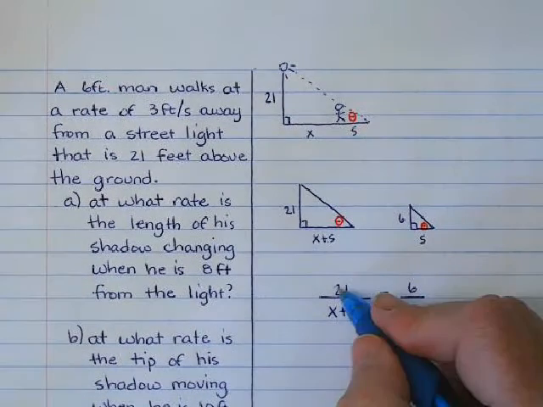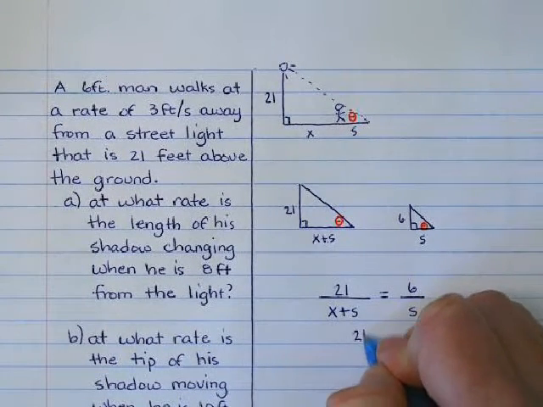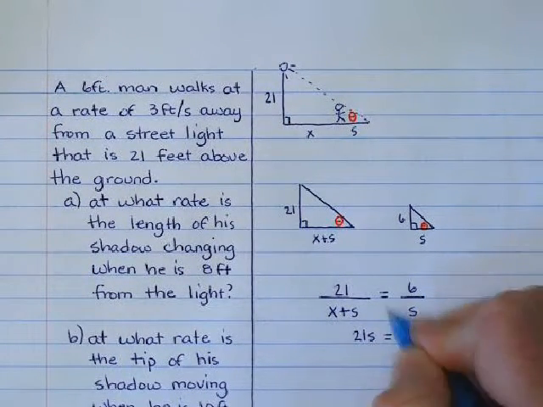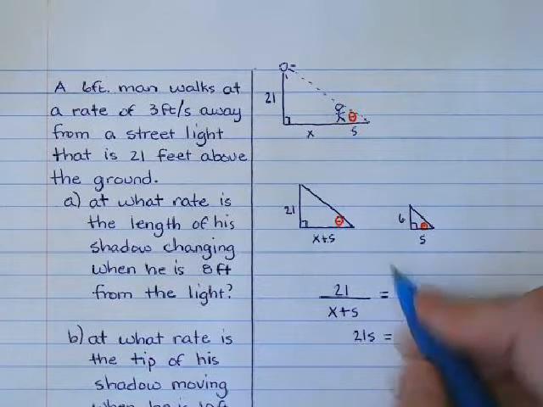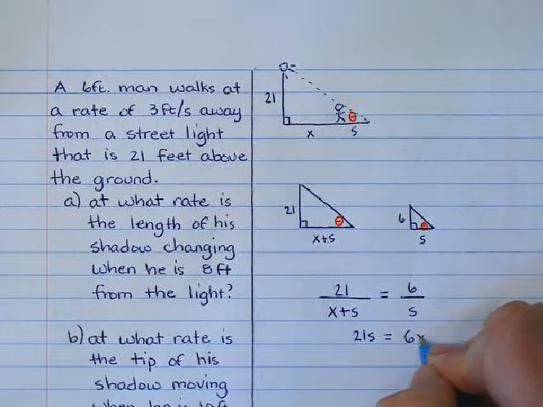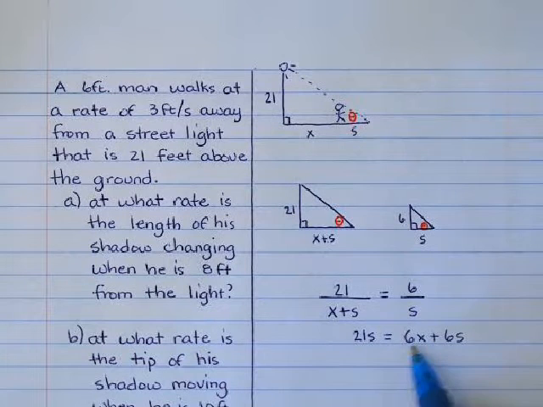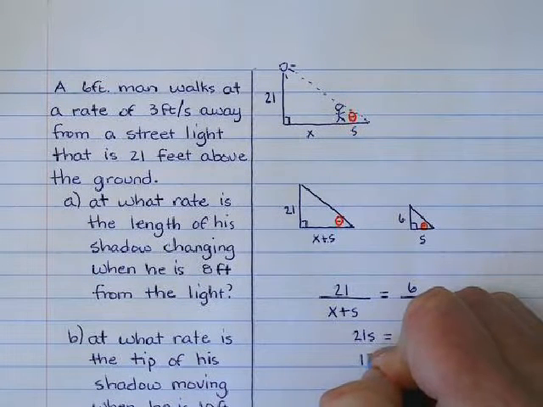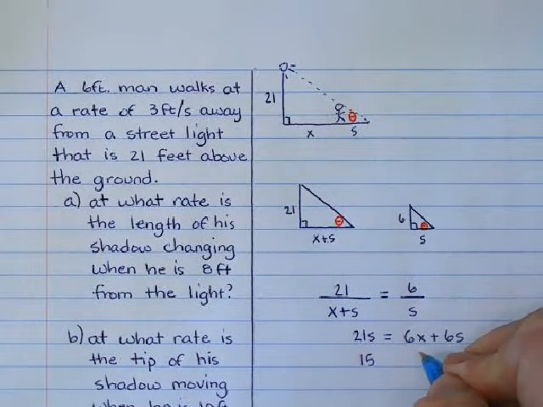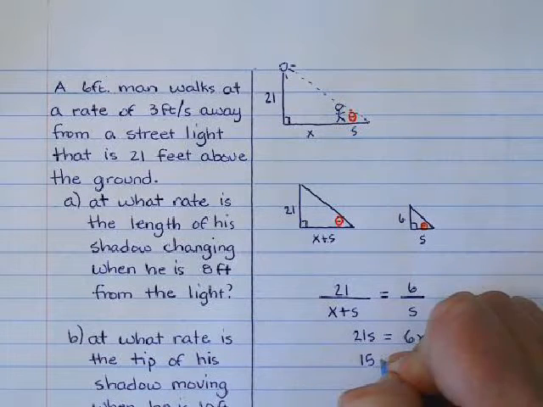So I'm just going to cross multiply. So 21 times s is equal to 6 times x plus s. So 6x plus 6s. I'm going to subtract 6s.